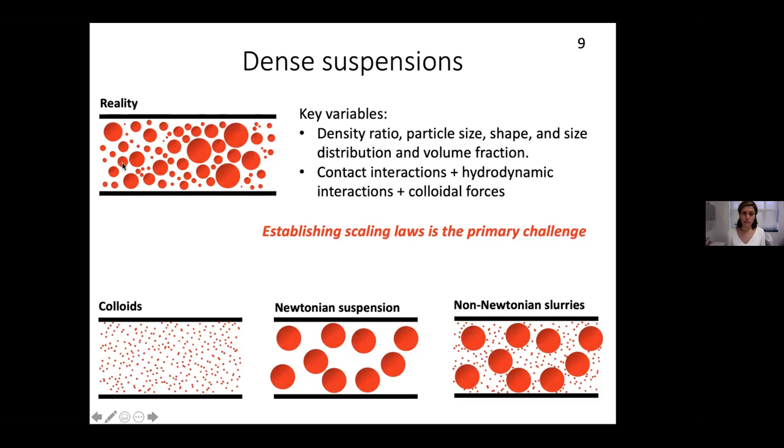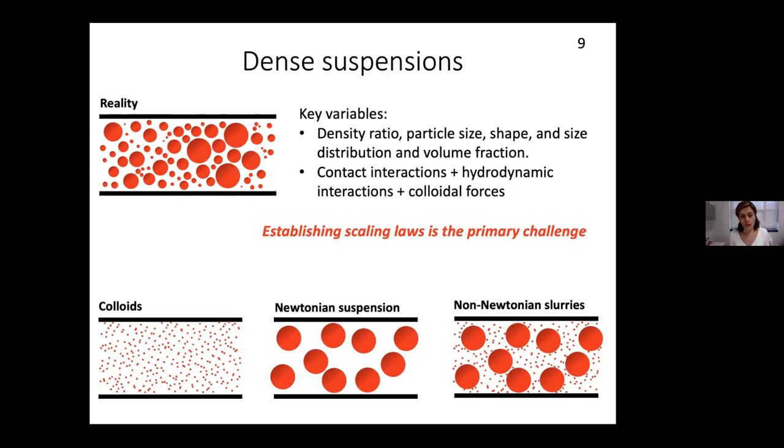So this is the problem. As I mentioned, in reality, we have suspensions of particles with a wide range of sizes in a viscous liquid. And you can see that the key variables are density ratio between the particle phase and liquid phase, the particle size, so we have polydispersity, the particle shape, so I'm showing everything here as spheres, but in reality, they have random shape, they're not spherical.